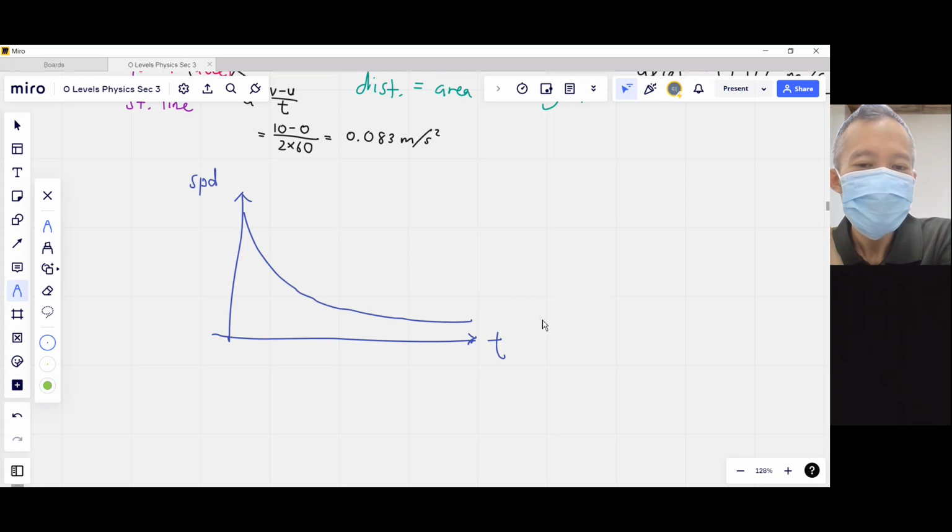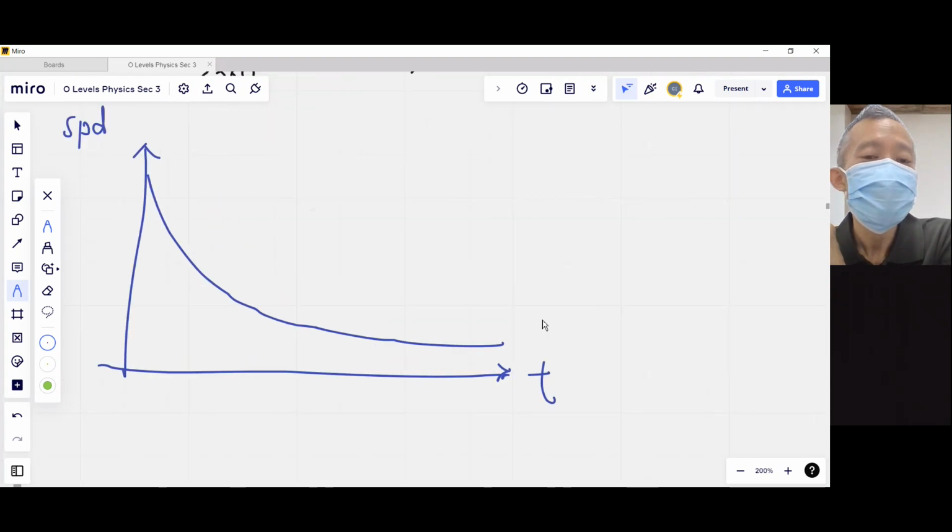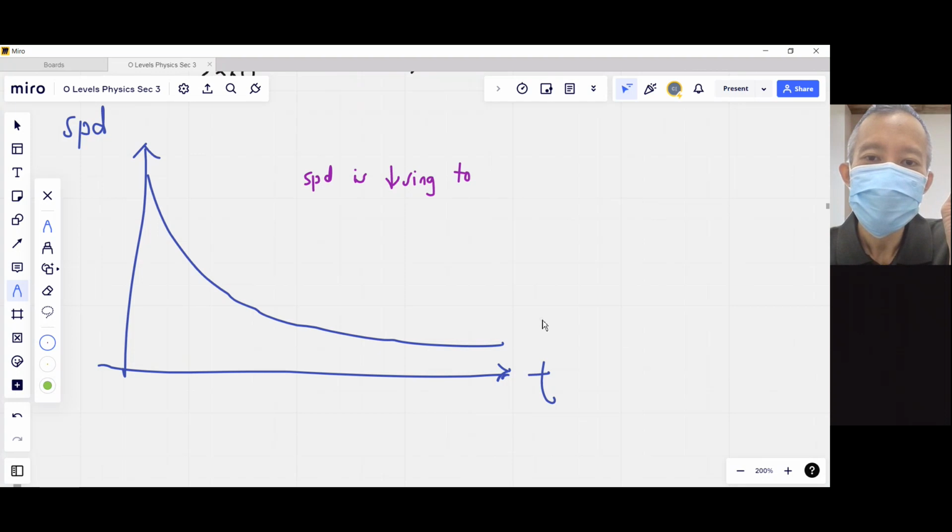Devon, how would you want to describe it? Same thing for you, Fujin. Think about speed, think about acceleration or deceleration. These are the two common things to answer. So first thing, look at speed. Devon, good. Speed is decreasing. I didn't draw really well, but basically it's decreasing to a constant speed, because you see this flat horizontal line here.